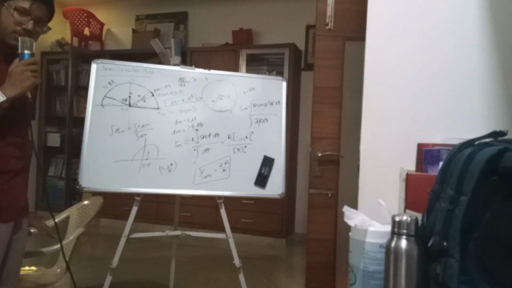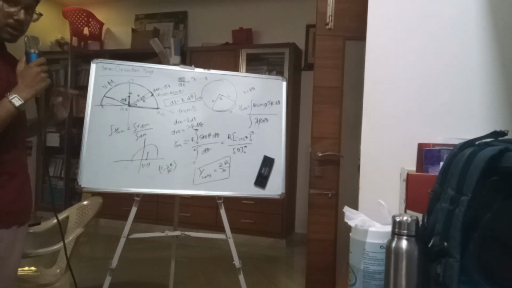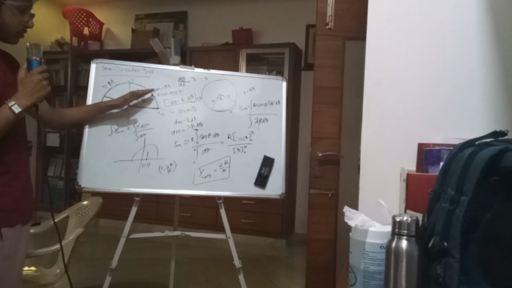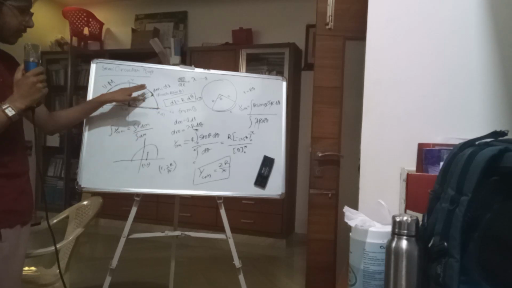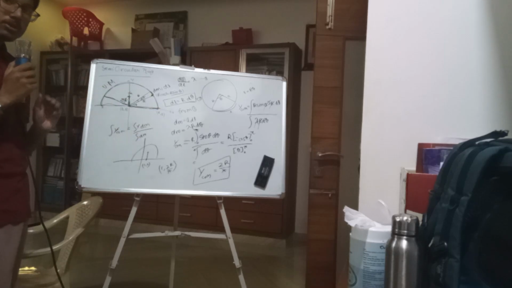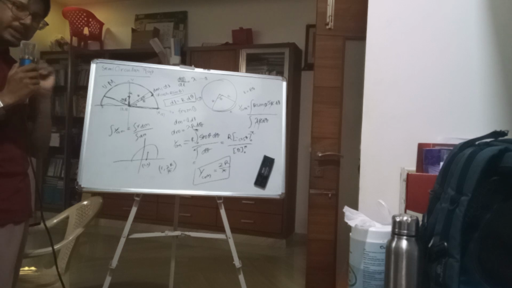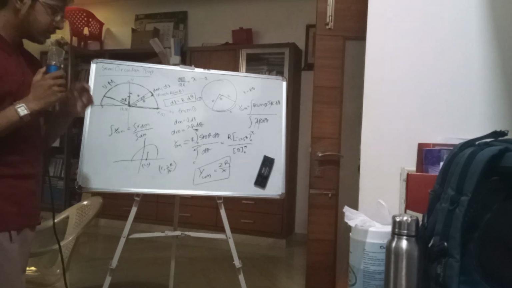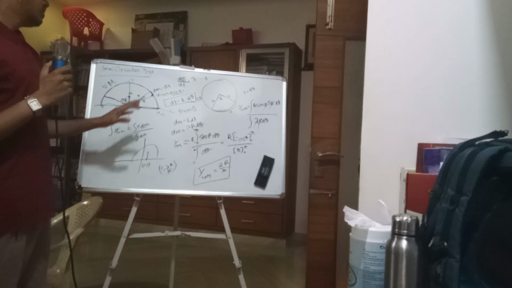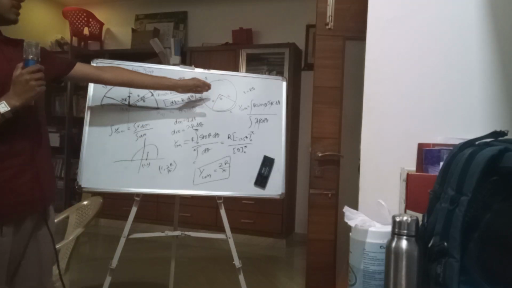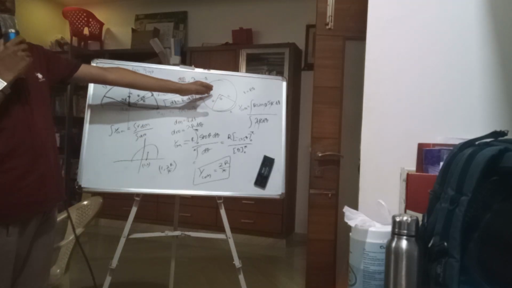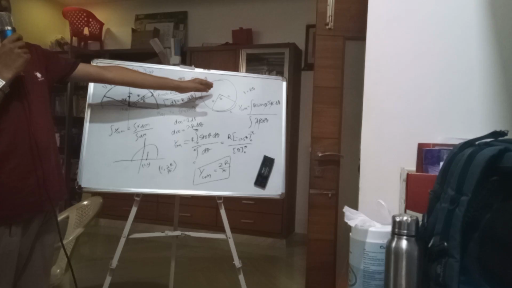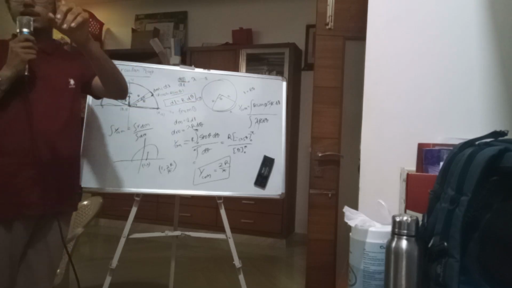Just one small revision we will do. This is a semicircular ring. From here I am going to some angle theta. There I am taking a small mass of magnitude dm. Length is going to be very small, that's why I have written dl. From the circle's sector property, you can tell that arc length is equal to radius into theta, where theta should be in radians, not in degrees.